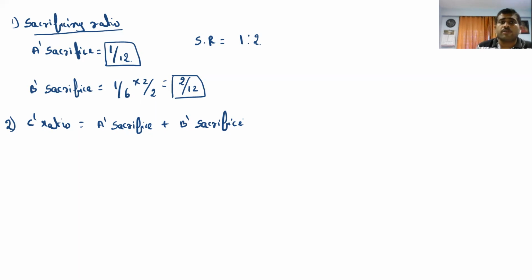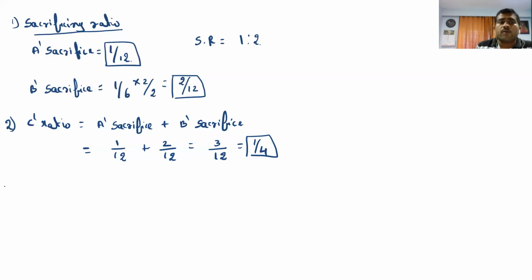So how is it possible? Here we can do A's sacrifice 1 by 12 while B's sacrifice 2 by 12. So 1 plus 2, what does it come to? 3 by 12. Or we can say it's 1 by 4. That is C's ratio. So C's ratio is 1 by 4.